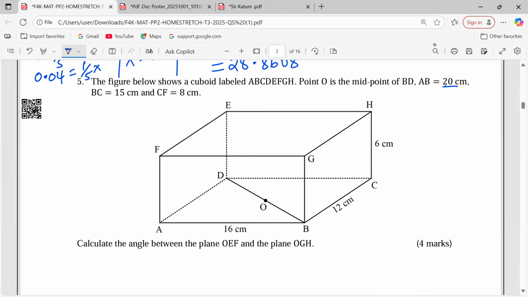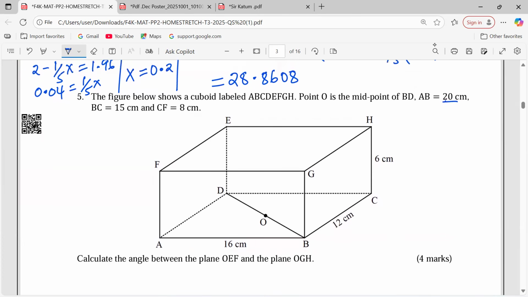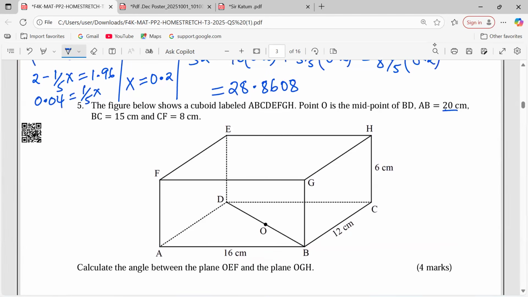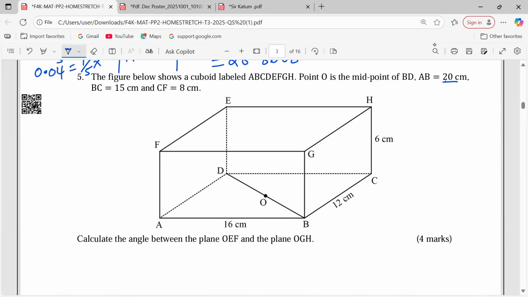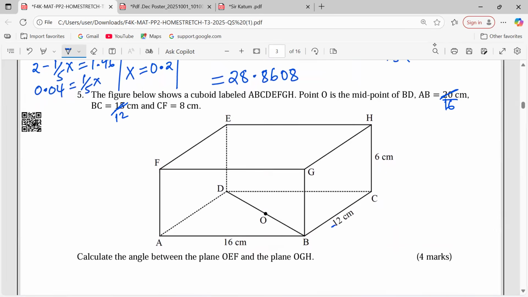Allow me to doubt the statements there. Then we proceed with the diagram. Allow me to work with AB as 16, then BC as 12. Let me just use the diagram as it is.